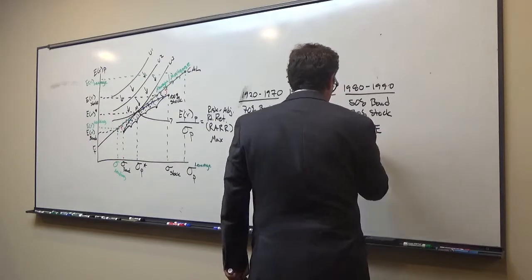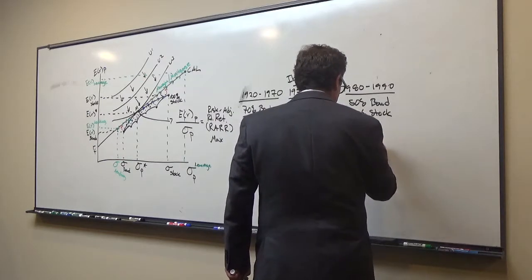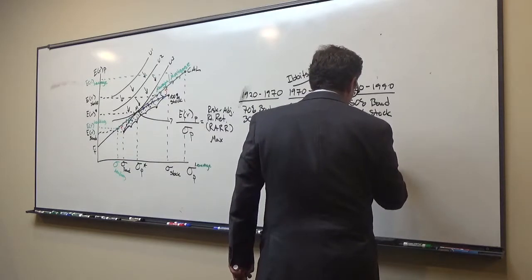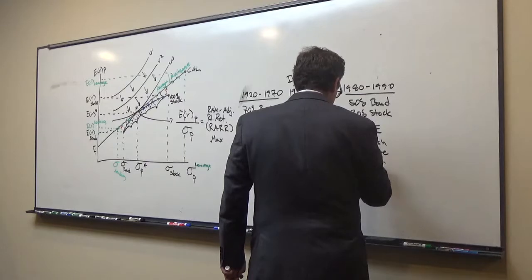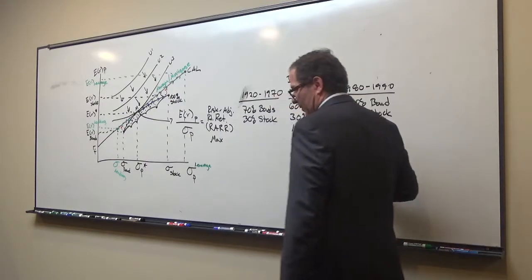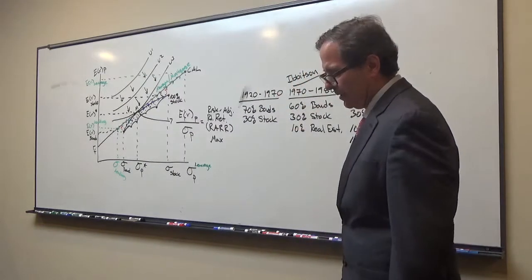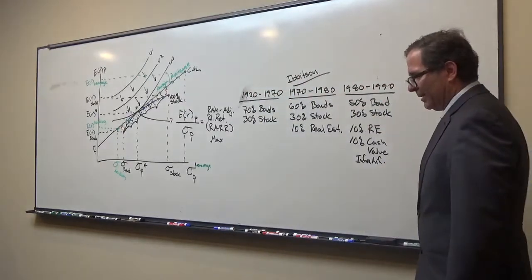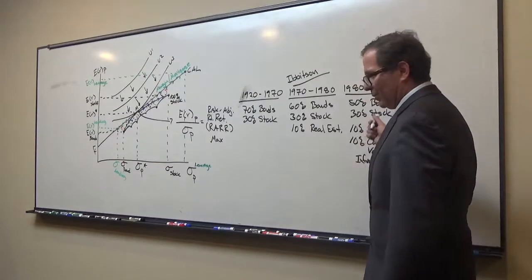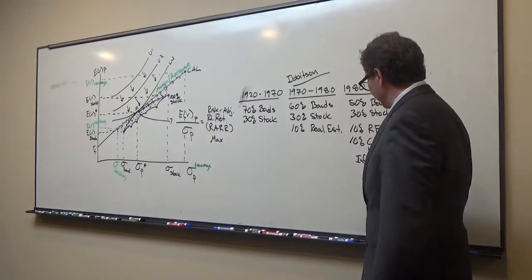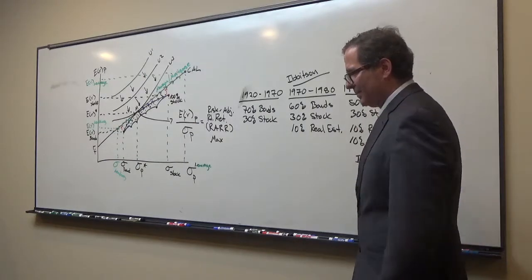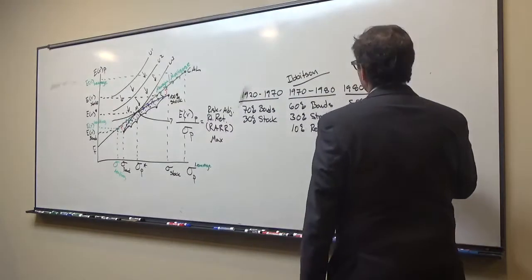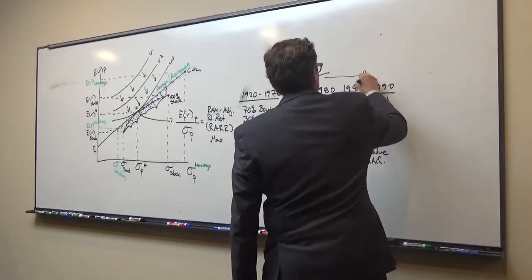Okay, you've got to have 10% in real estate, and you have 10% in cash value life insurance, because the rate of return on life insurance and the payout of life insurance is not correlated to the stock market at all. So again, you're adding another asset to the stock and bond portfolio whose returns have low, no, or negative correlation with stocks and bonds. Okay, so you're getting diversification there too. And this was Ibbotson 2 also.